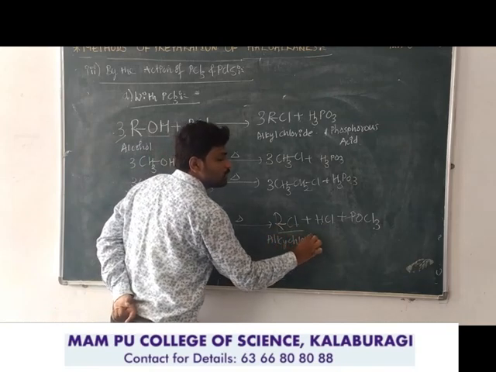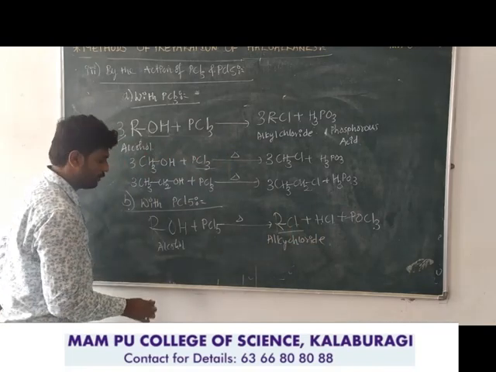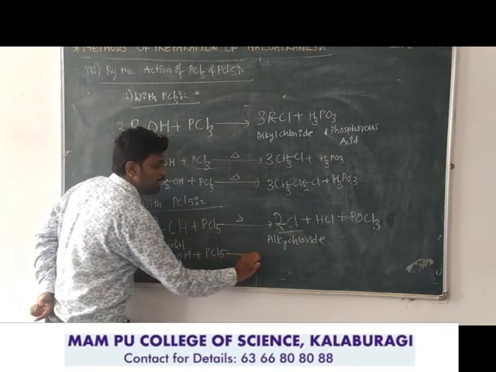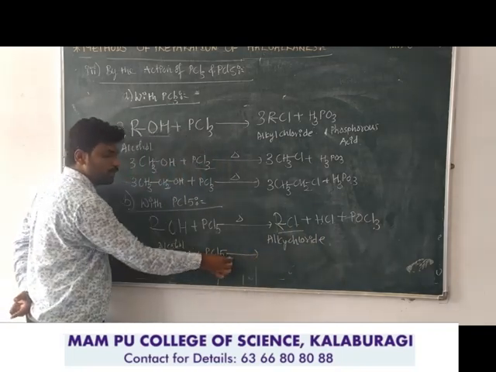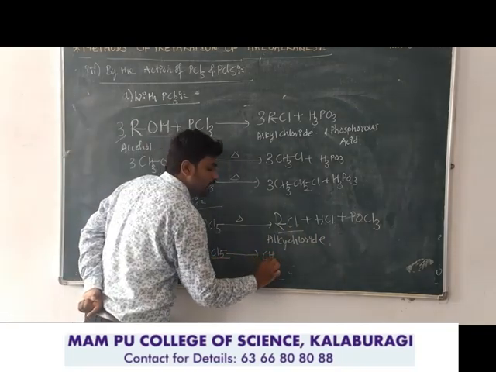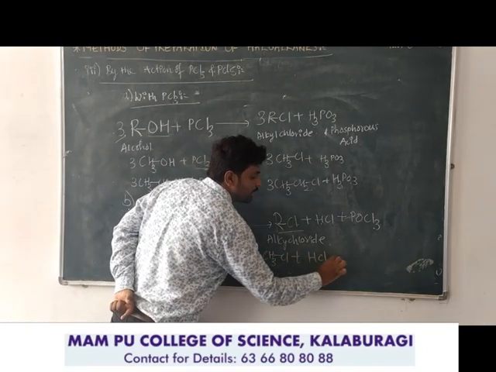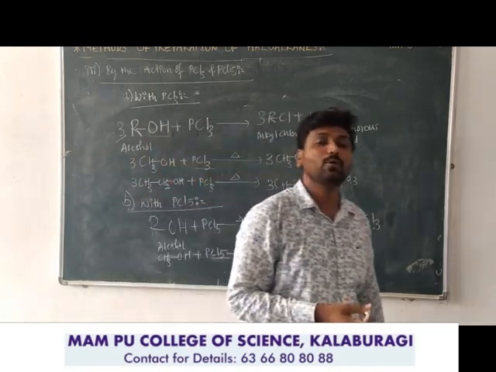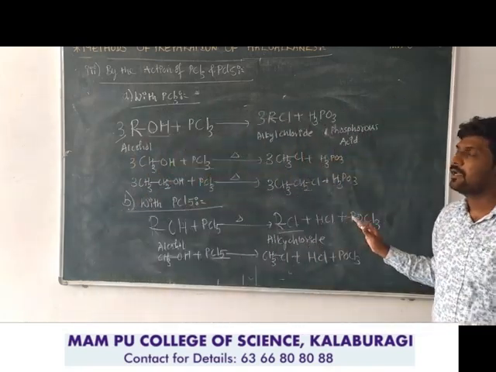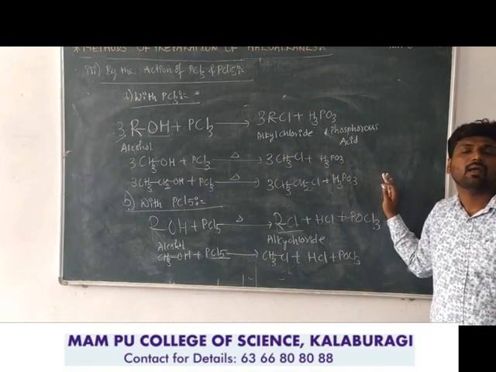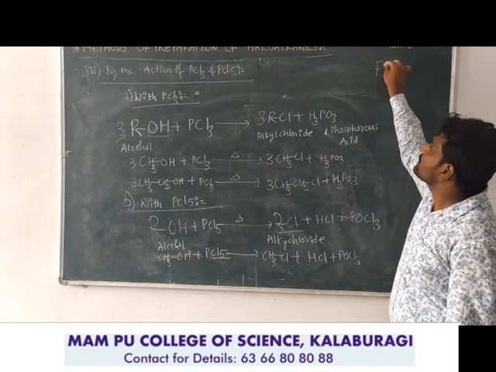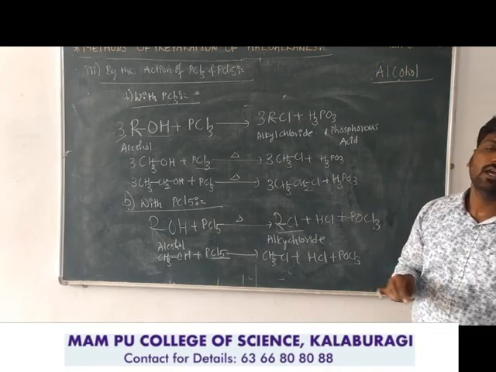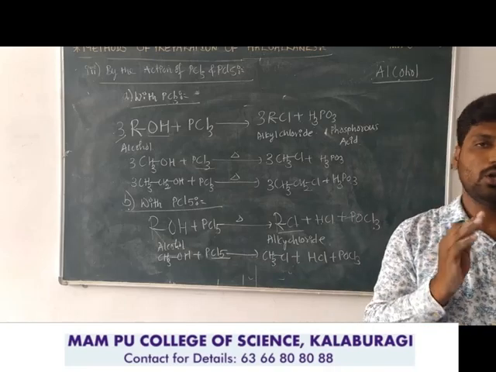Same here also you can take any alcohol. If you have taken methanol with phosphorus pentachloride, same, one OH group is replaced with 1 Cl. So you are getting methyl chloride, byproduct HCl and phosphoryl chloride. Ethanol, ethyl chloride, propanol, propyl chloride, butanol, butyl chloride. So generally you can remember that whatever I have taken as a starting material, that is alcohol, from alcohol we can prepare very good yield of alkyl chloride.